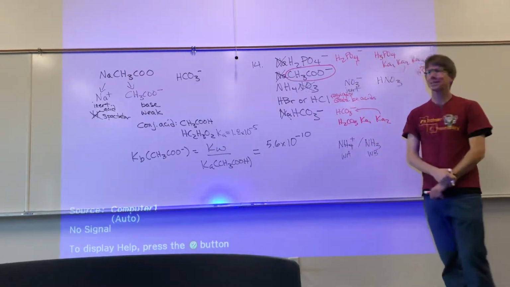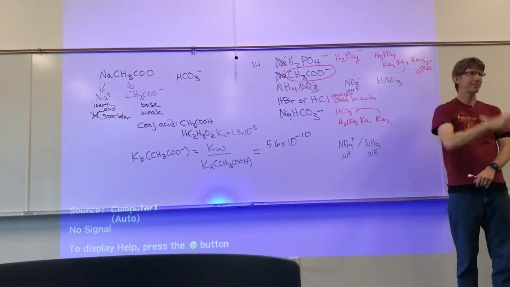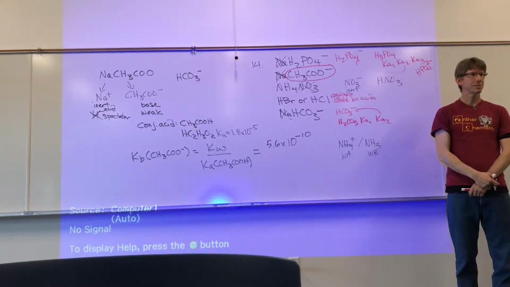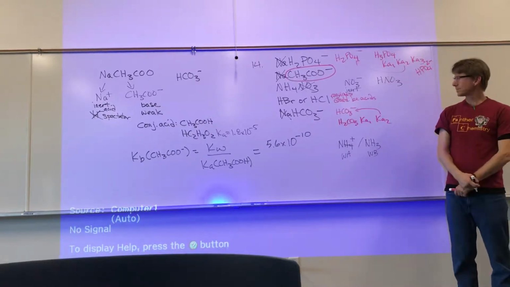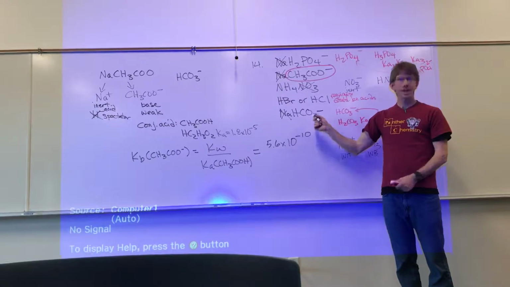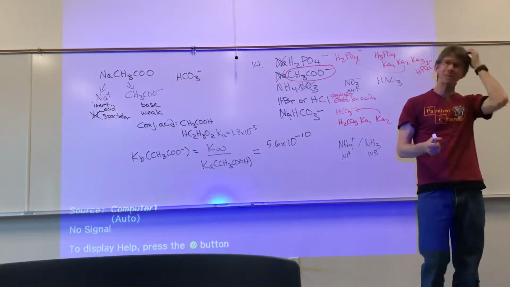That will be a weak acid. Does that answer your question? Yeah. Kate, and then Vivian? HCO3, and I just thought CO3 was base, that's weak. So that's just CO3? Yeah, and so it's an easy thing to do.